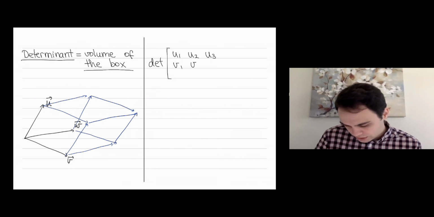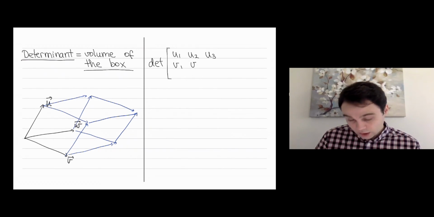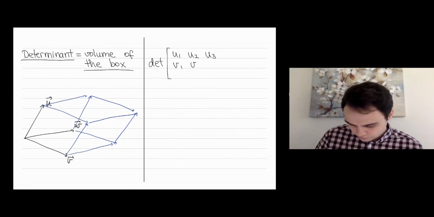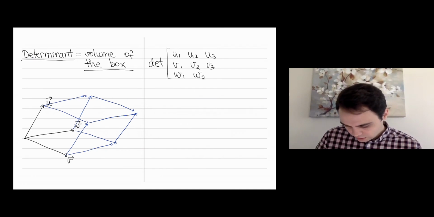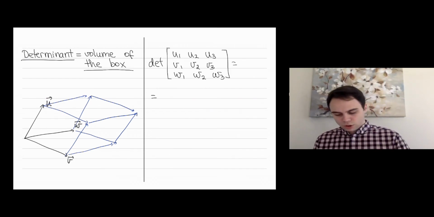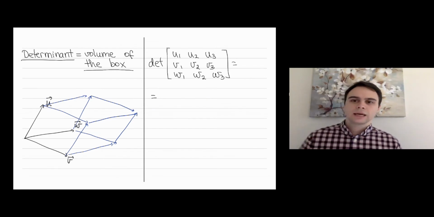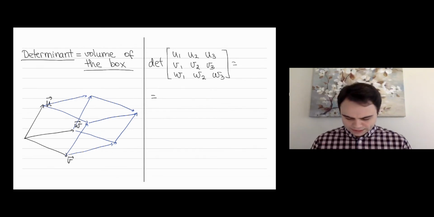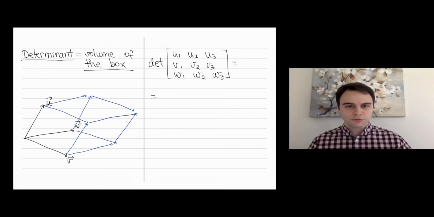It'll have three columns and three rows, and the rows I can think of as giving me the coefficients of three vectors. So if I start with any determinant, I can look at the coefficients of the matrix and draw a box like that. And my claim is that this determinant is equal to the volume of this box.